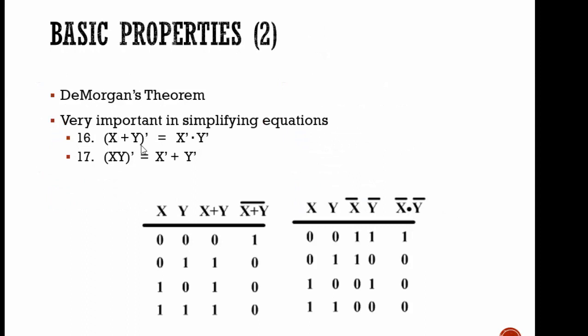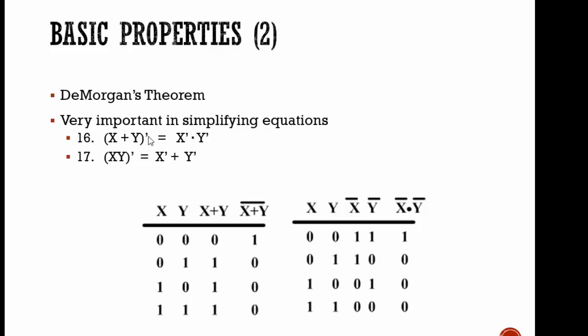Next is the famous De Morgan's theorem. And this is very important in simplifying equations. You will find that this always comes when you have a negation or complement, an apostrophe or a bar. Okay?